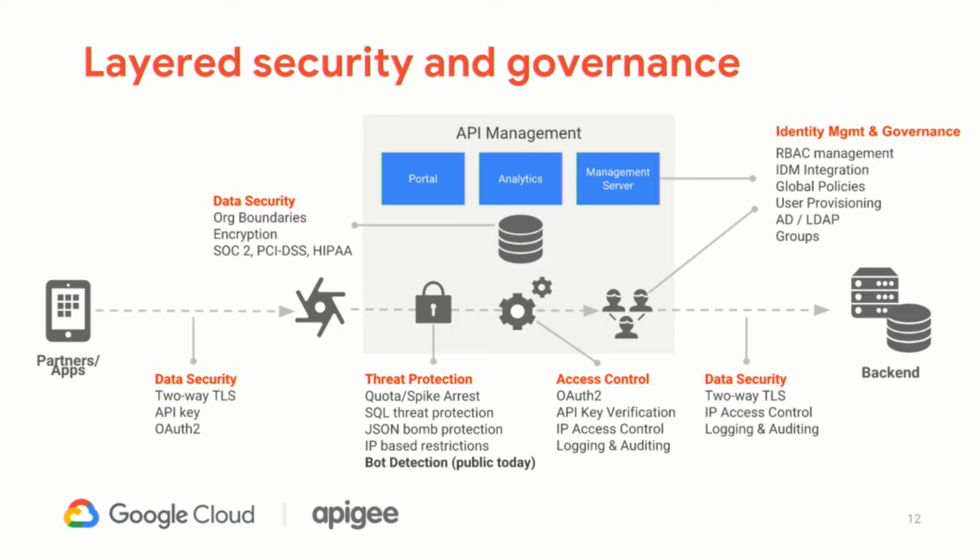I'm not going to get into all of this and read this whole slide. There's a lot of features, but at the proxy level, we have similarly, we have access control, OAuth. We protect the backend as well with TLS, IP whitelisting, and then the platform itself has full role-based access control, both in the platform for your organization's users, as well as in the developer portal.